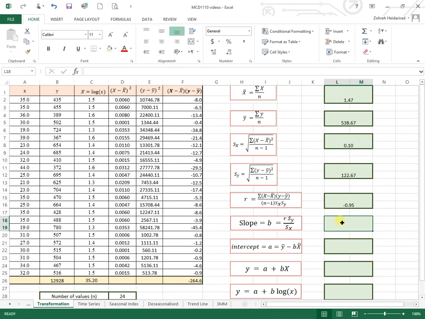Now for finding the slope, it is r times the standard deviation of y divided by standard deviation of x. Intercept, this is y bar minus b x bar, b times x bar.